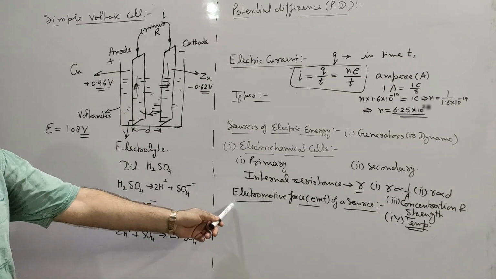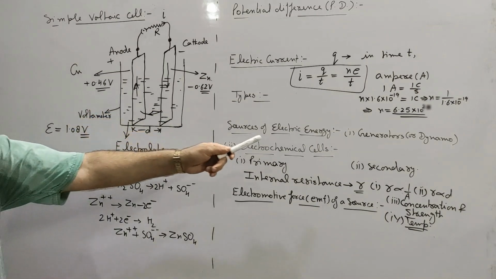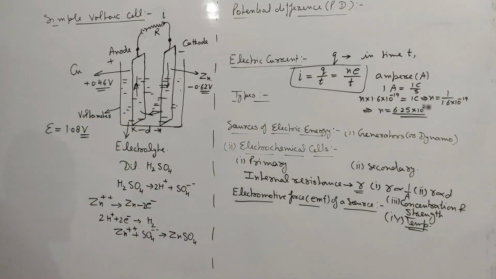Now we come to electromotive force or EMF of a source. Electromotive force of a source, whether it is a cell or generator, is defined as the work done by the source in moving a unit charge throughout the circuit, including the source itself.